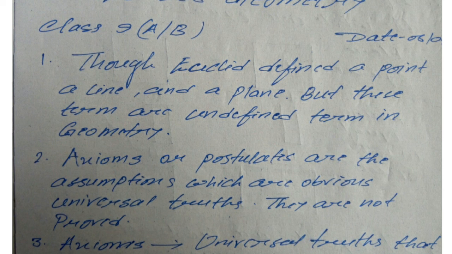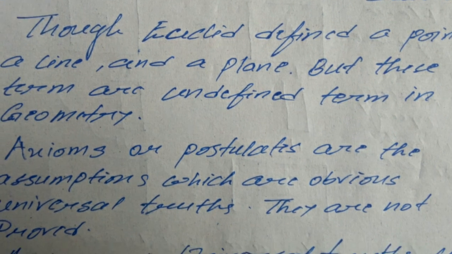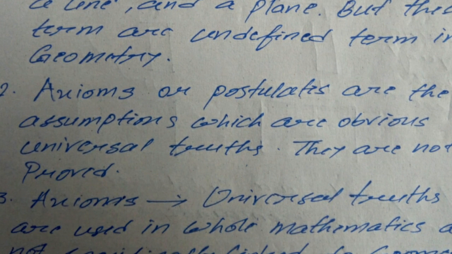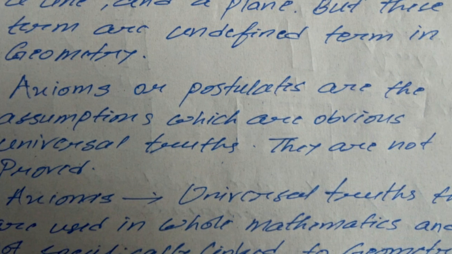Now again, Euclid assumed some things in geometry which are universal truths. So axioms and postulates are the assumptions which are obviously universal truths, and they are not to be proved.